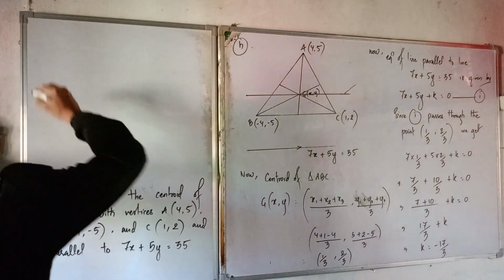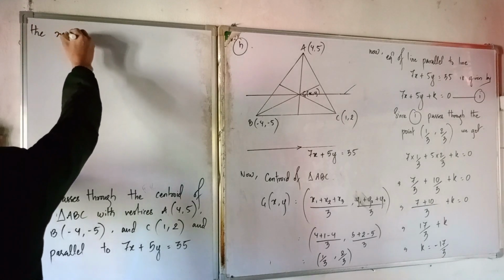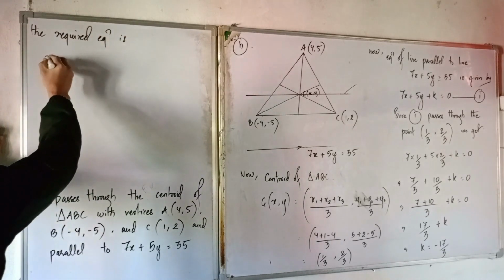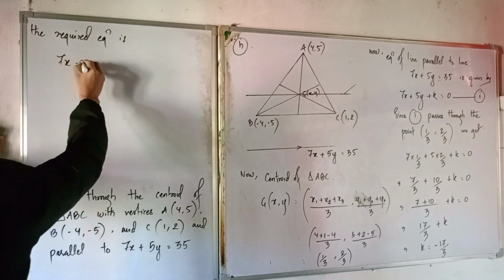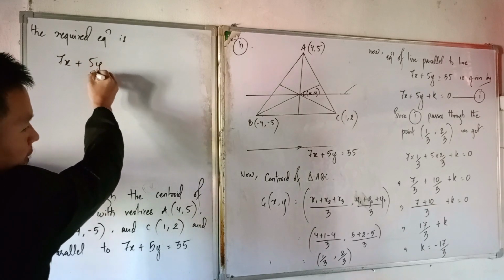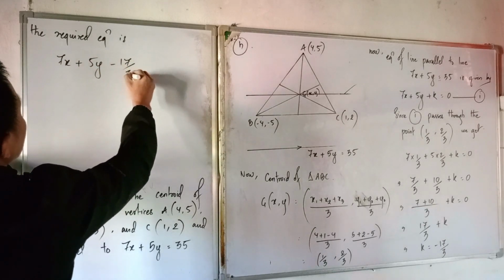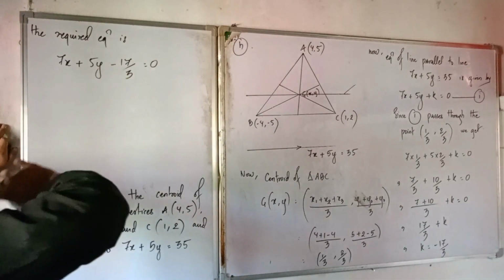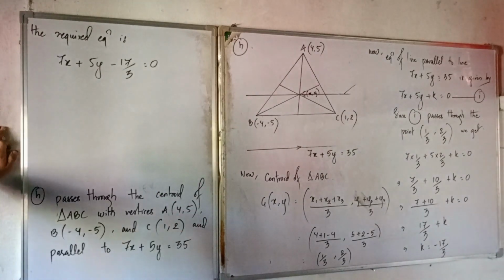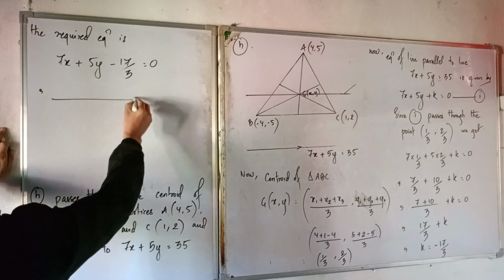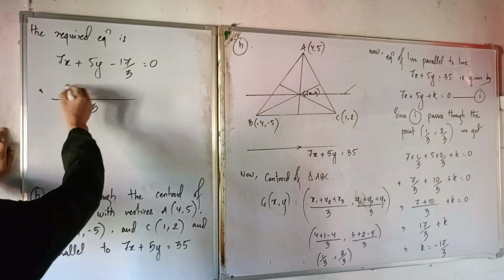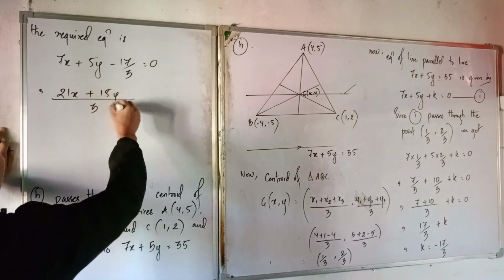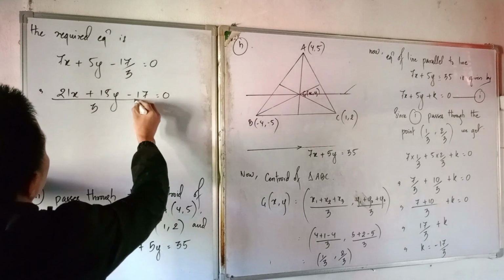The required equation is 7x plus 5y minus 17 by 3 equals 0. You can leave it up to here, it doesn't matter. Or if you want to get the answer of the textbook, then take the LCM 3: 3 times 7 is 21x, 3 times 5 is 15y, minus 17 equals 0.